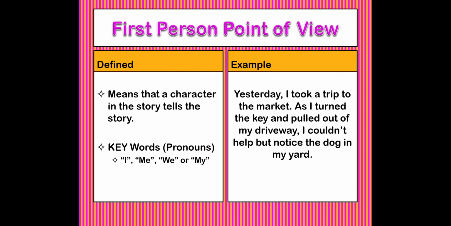So we have I, as relates to the first line, I took a trip to the market, and as I turned the key and pulled out of my driveway. I couldn't help but notice the dog in my yard. So because we see those key pronouns being used, we know that it is told from first person point of view.